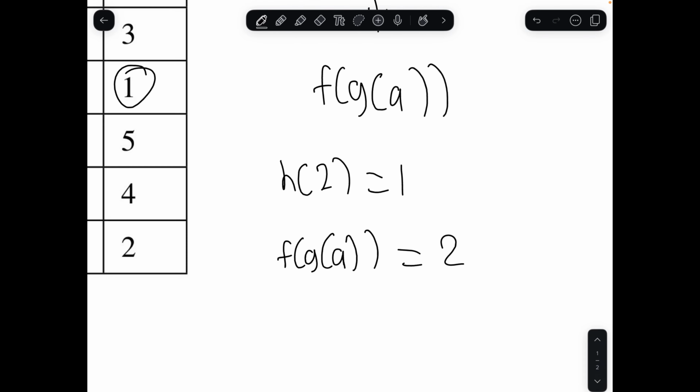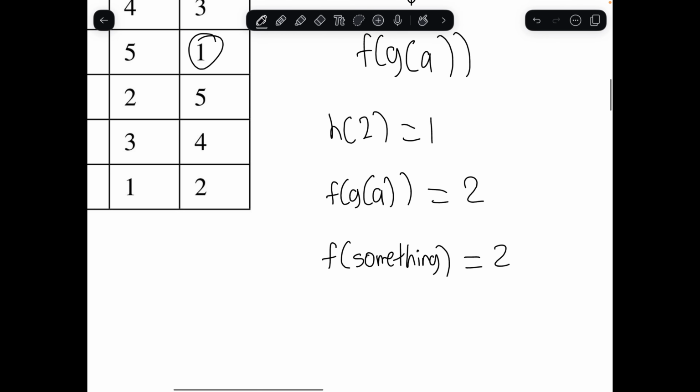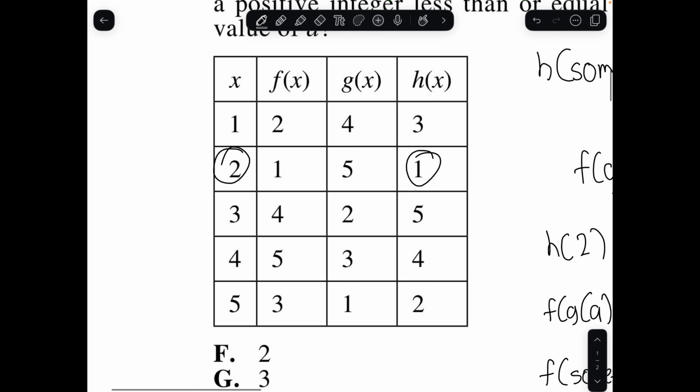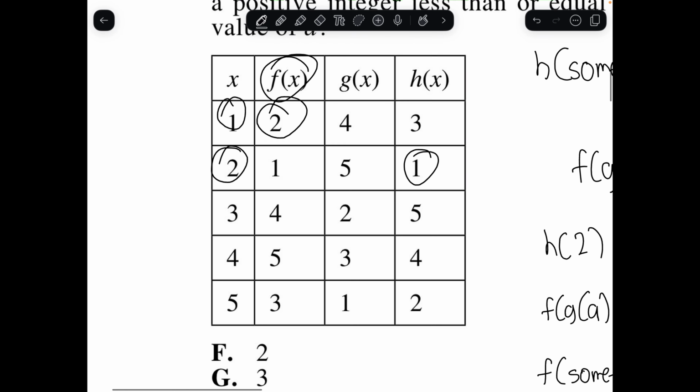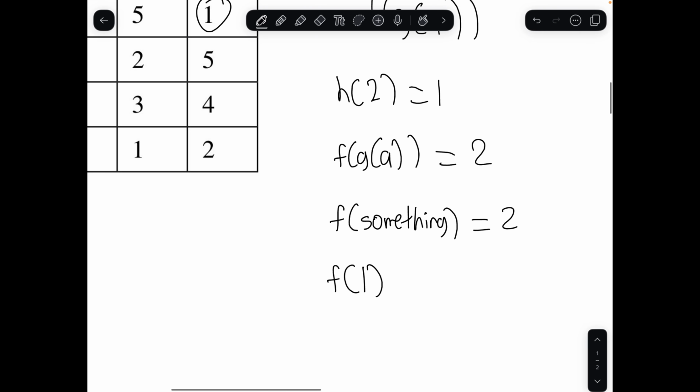So now we can do the same thing again. f of something equals 2. What is that something? When x is 1, f of 1 equals 2.